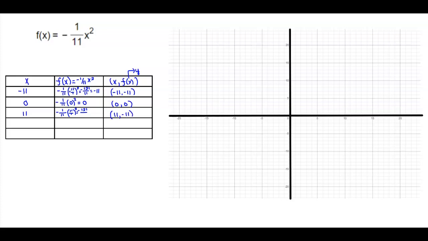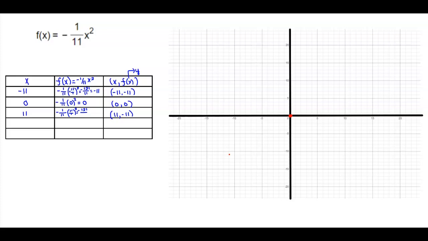All right, so now let's go ahead and graph this. We're going to graph our points. We have our 0, 0. And then we have negative 11, negative 11, so we go over negative 11 units and then come down 11.